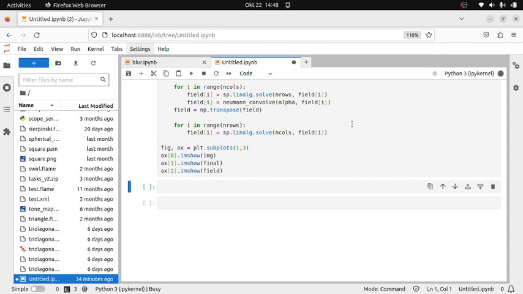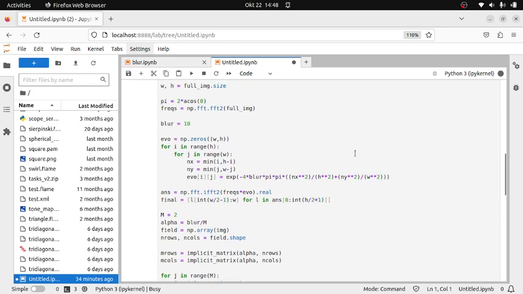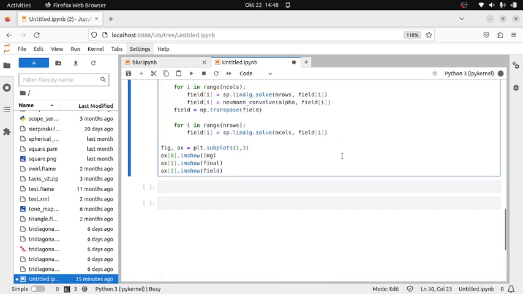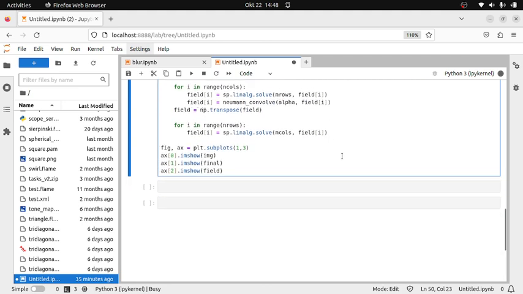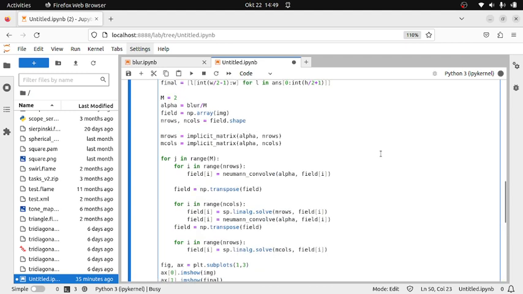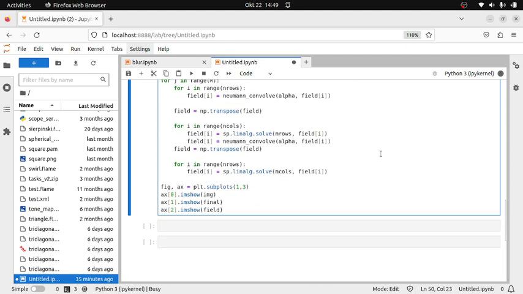Might need to wait a little bit for it to run. As you can see, these filters take a long time to run, and you need to take care of optimizing them, which I did not do here because I'll do it in C++. But we really need to take care of optimizing our code if we want it to run in any reasonable time.